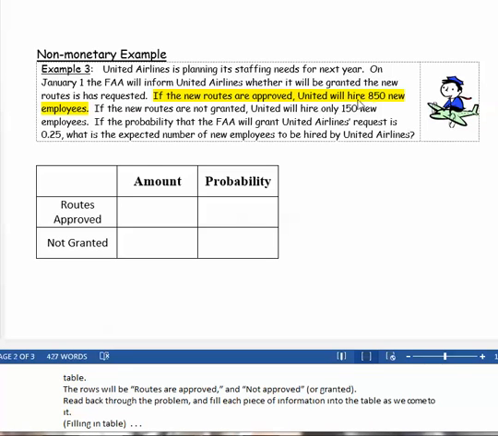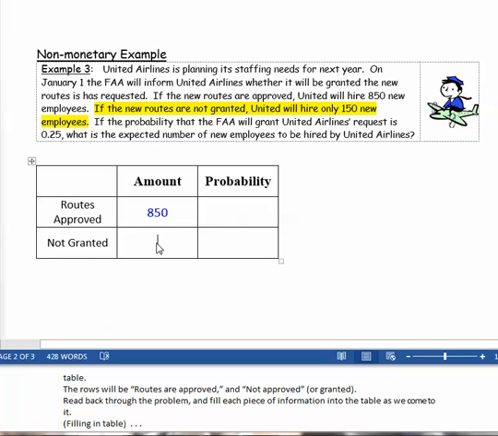That gives me the amount for when the routes are approved, 850. If the new routes are not granted, United will hire only 150 new employees. That gives us the amount for not granted, 150.